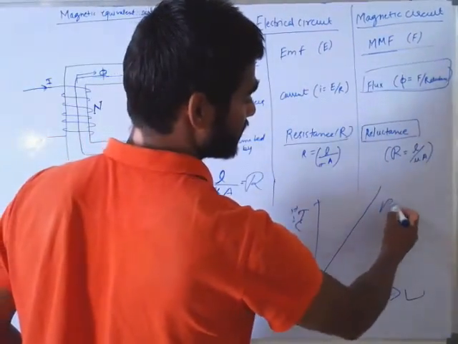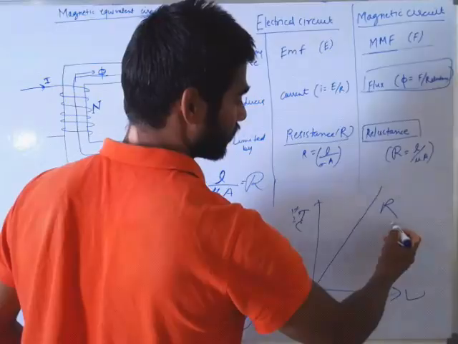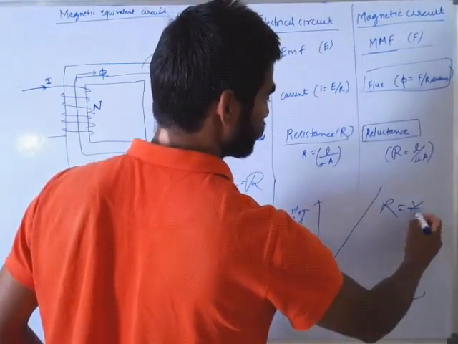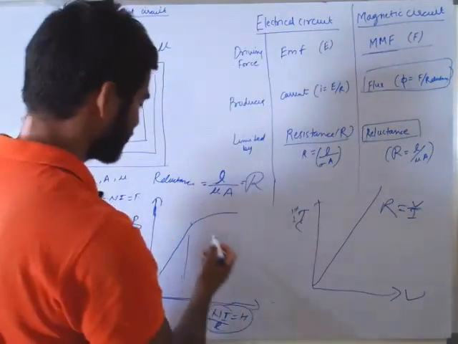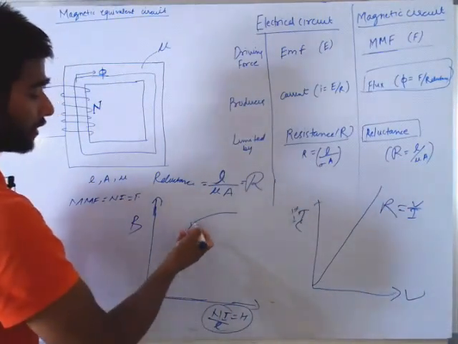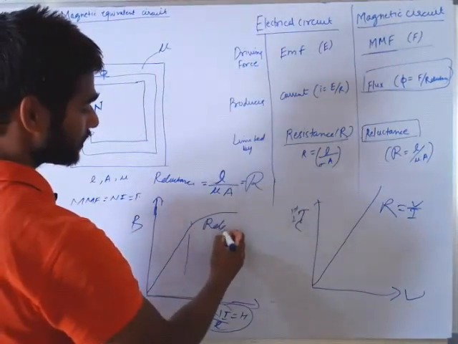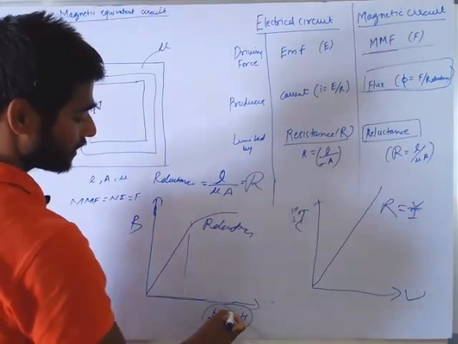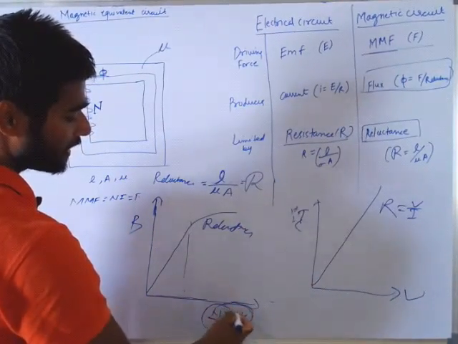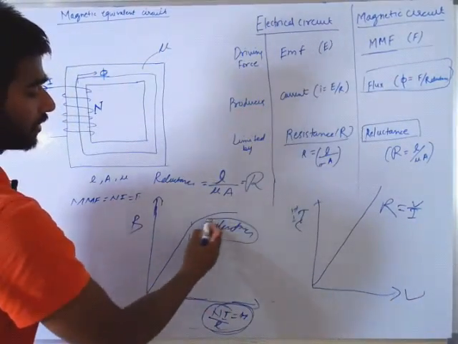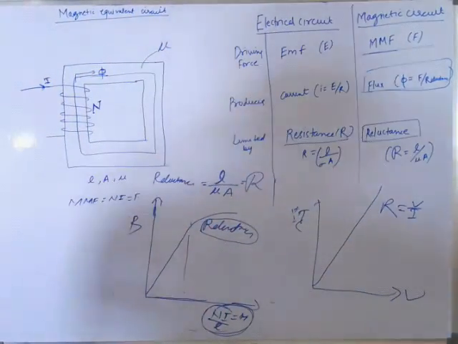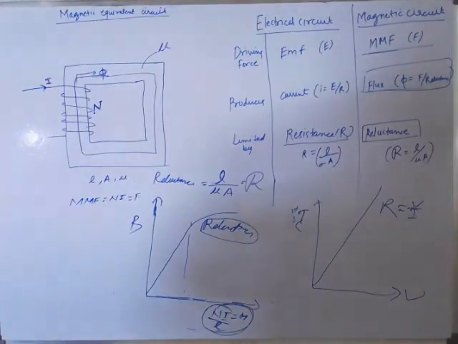So resistance is constant, isn't it? Resistance is equal to V by I. Resistance is constant in an electrical circuit, but here the reluctance depends on the current, or the magnetic field intensity, the driving force, or MMF. These are the differences between electrical circuits and magnetic circuits. Thank you.